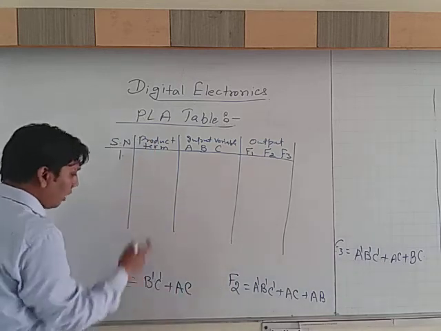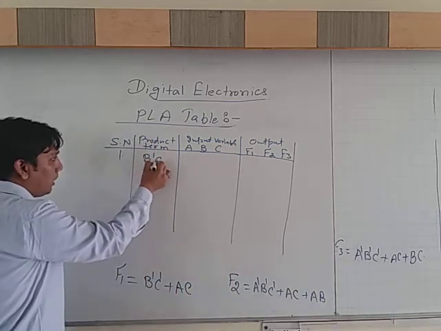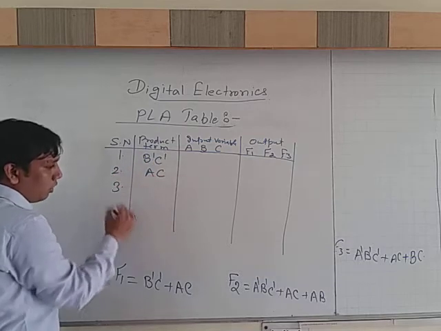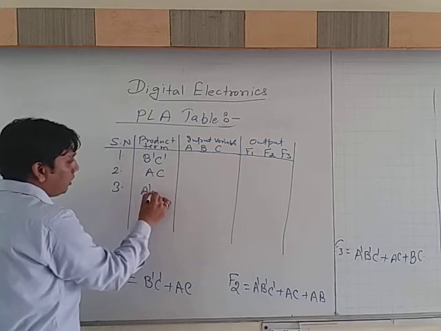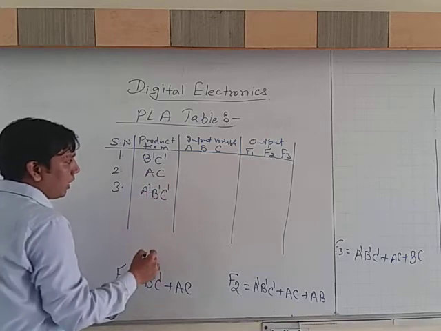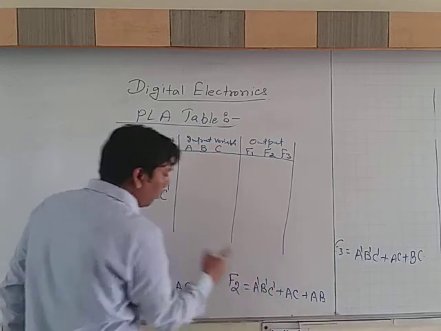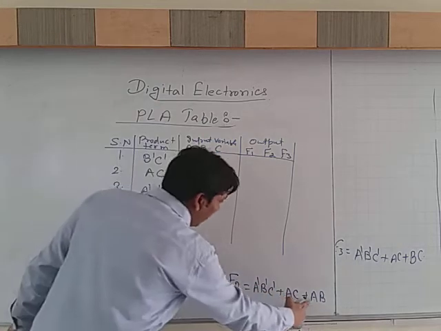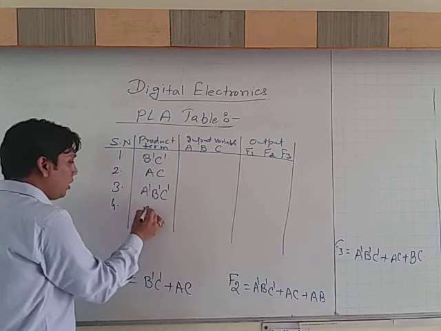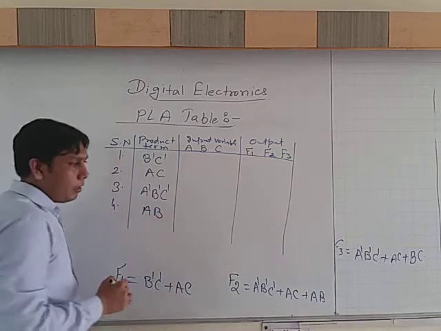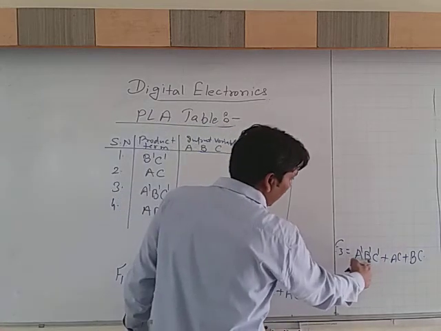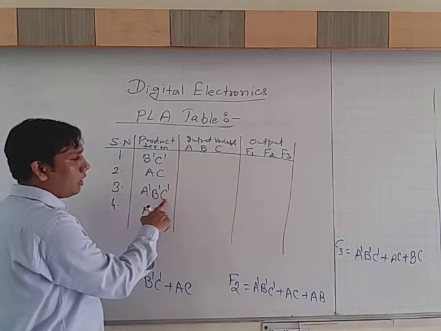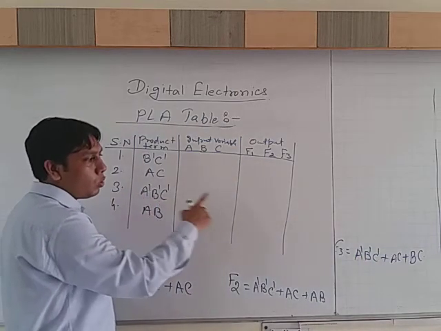That means here we have the first one, that is B'C', the second one will be AC, the third one will be A'B'C'. AC will not be repeated as it is already noted. AB is a new term, so it will be added. C' is already at the third position, so it will not be noted.